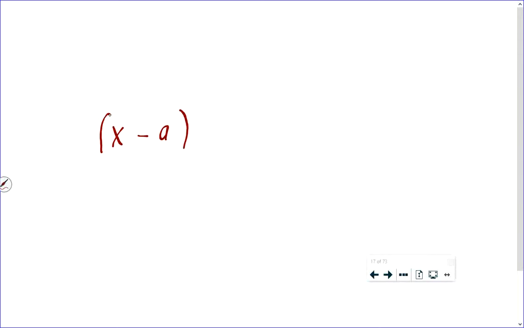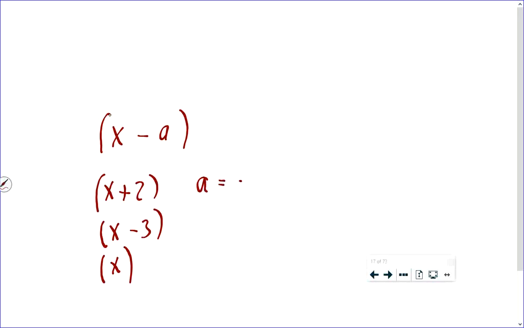All right? We're talking about factors like x plus 2, x minus 3, even x, where a is negative 2, a is positive 3, a is 0. We're talking about this rule working for this.